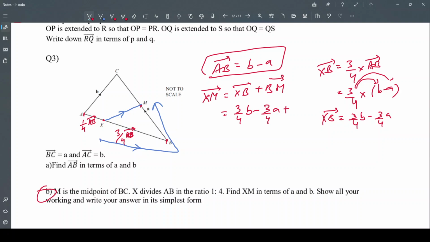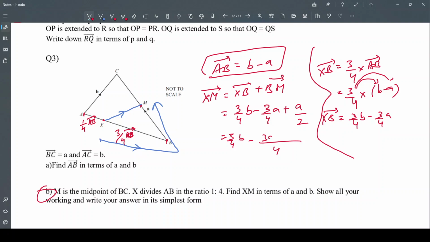plus, what is BM? Because we are going the same way and BC is equal to A, BM will be half of A, because M is the midpoint. So BM will be A by 2. Now we can see that 3/4 B is a different term, and these two have the same term. So let us take the LCM. The LCM of 4 and 2 is 4.